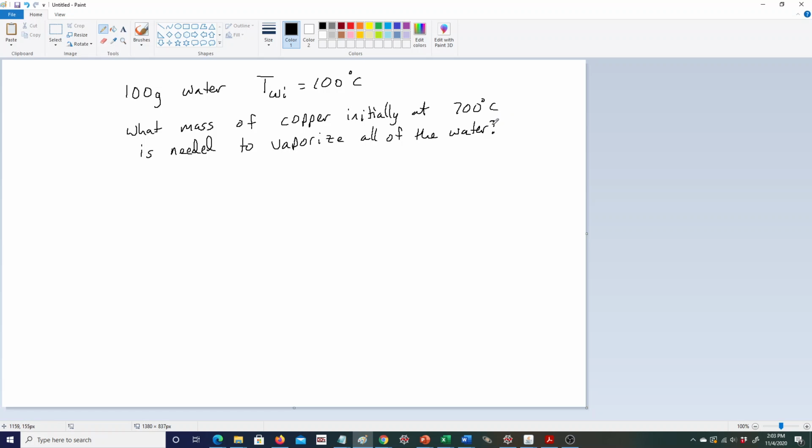So I'm only going to bring in just enough copper to fully vaporize all of the water.